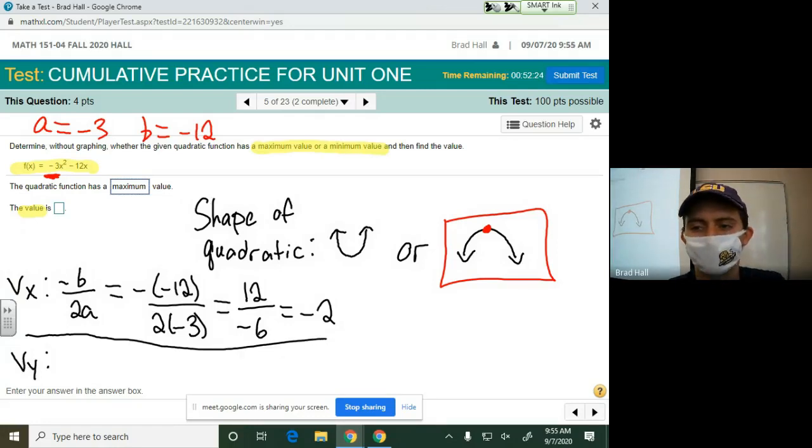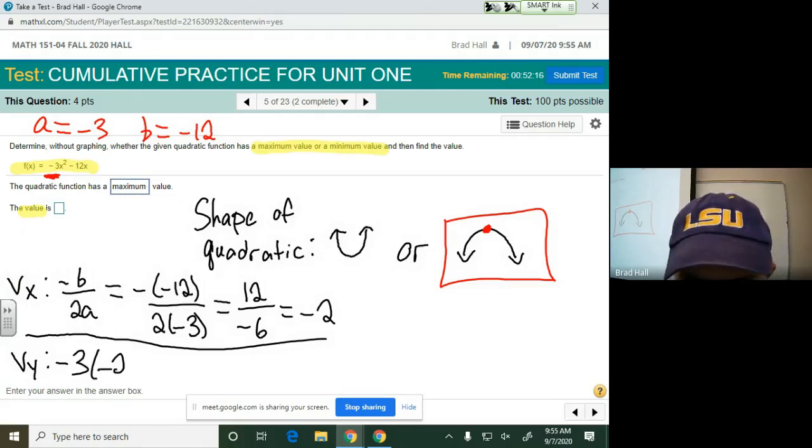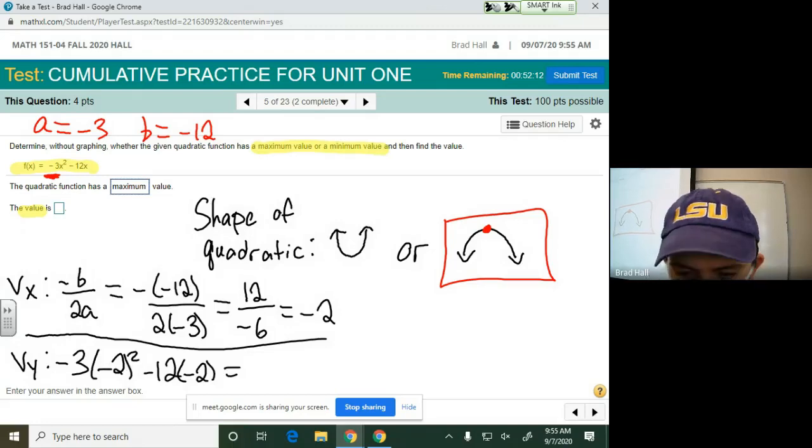Now we figure out the y coordinate of the vertex because it wants the value. So we take that -2 and we plug it back in. This is calculator work.